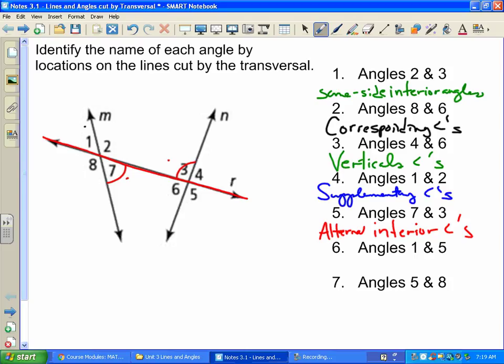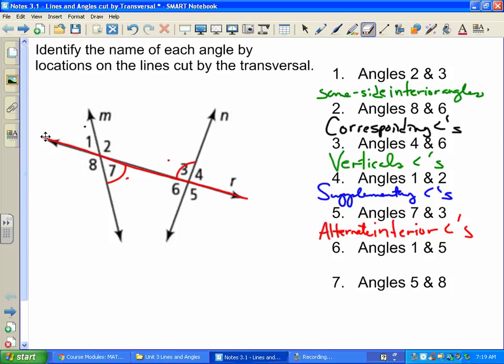Alternate interior angles have to be on different sides of your transversal, yet still be between your two lines. So since my two lines have 2, 3, 7, and 6 between them, if we put them on the same side like we did 2 and 3, that makes them same side interior. But if we put them on alternating sides, that makes them alternate interior.